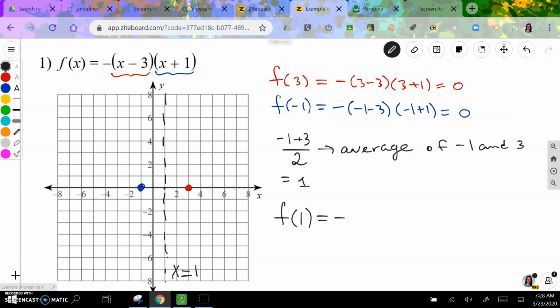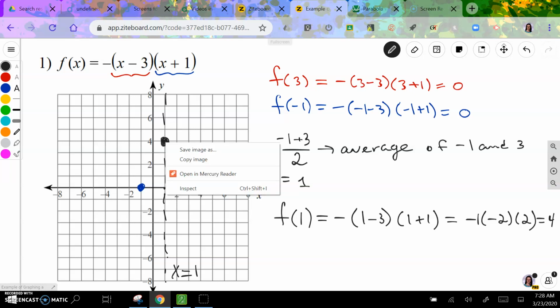That's going to give us the vertex. So negative 1 times 1 minus 3 times 1 plus 1 is negative 1 times negative 2 times 2. Negative 1 times negative 2 is 2, and 2 times 2 is 4. So it looks like our vertex is at (1, 4).